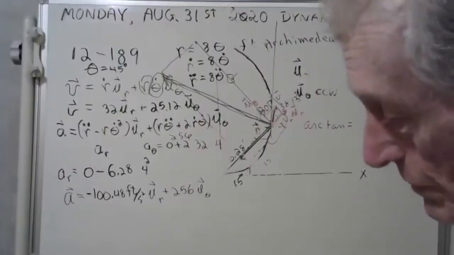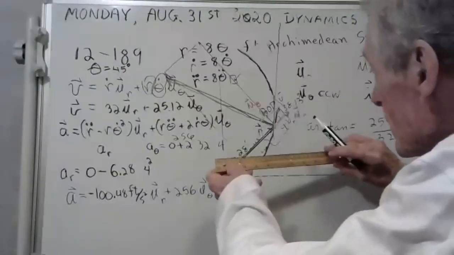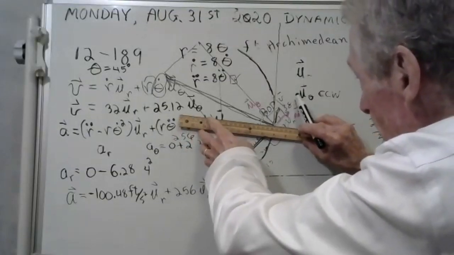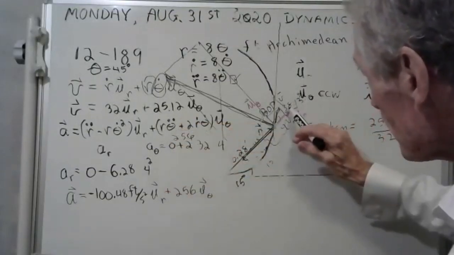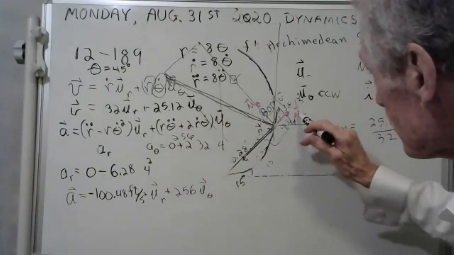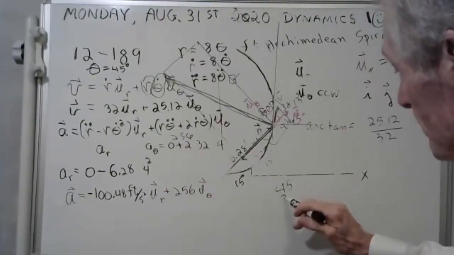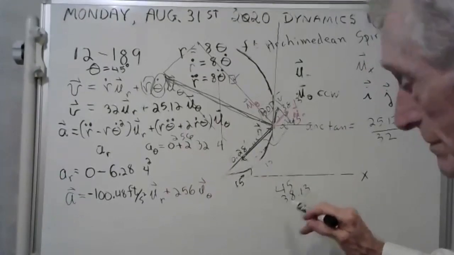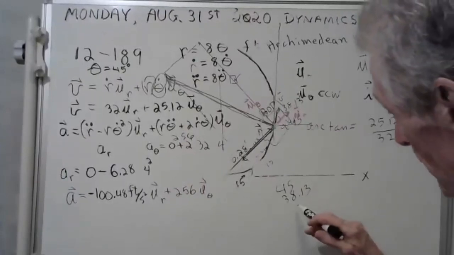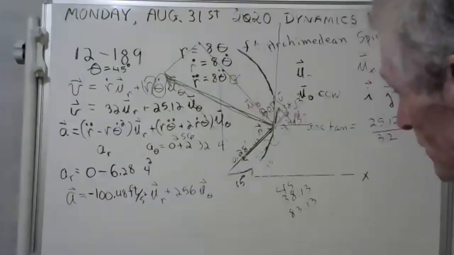We could get the normal and tangential components. All you got to do is figure out the angle here that you have. What was this angle? 38.13, and you know this angle is 45. What is 45 and 38.13? 45 and 38.13 is 83.13.